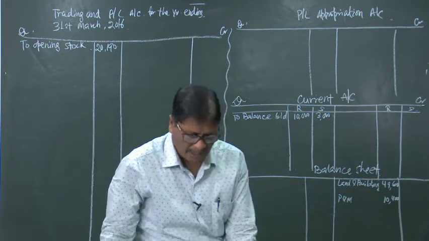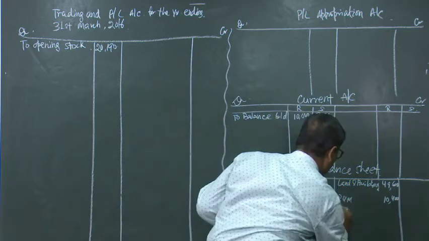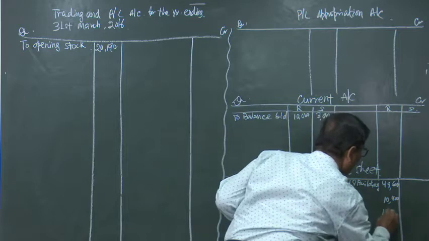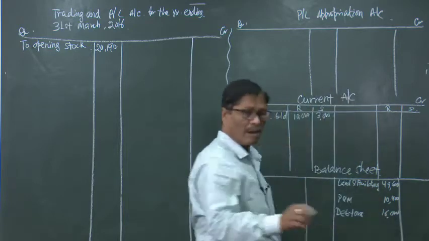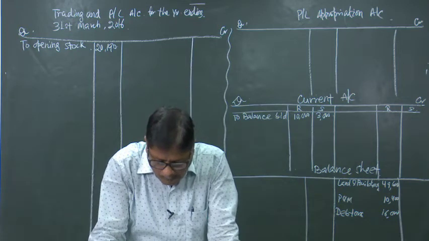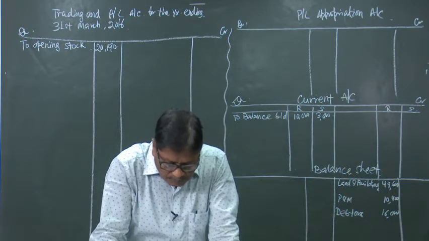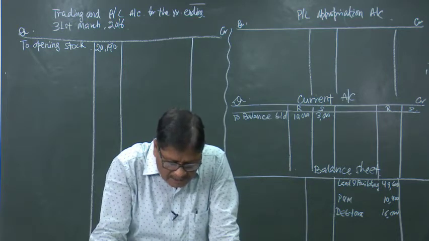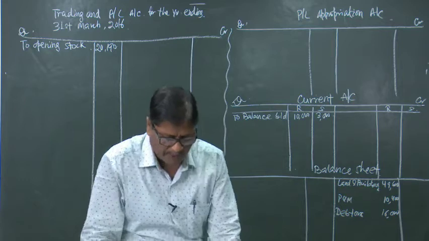Next item is debtors 16,000. Then purchases 92,840.